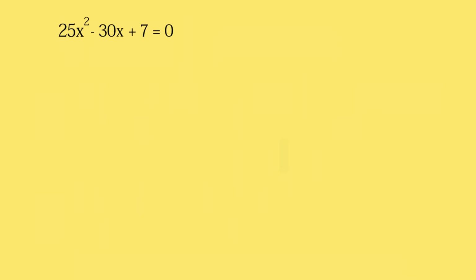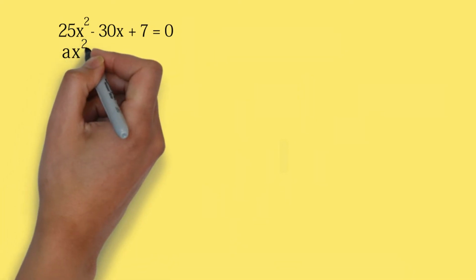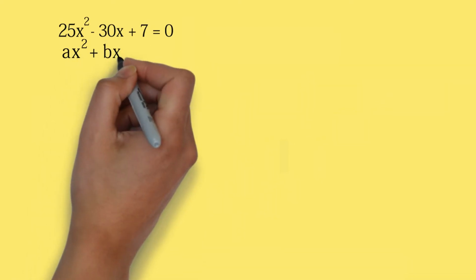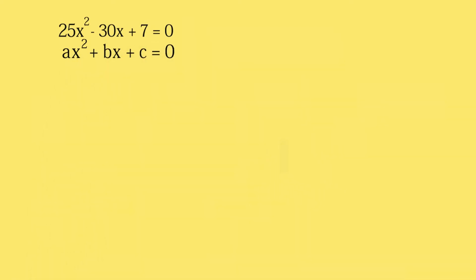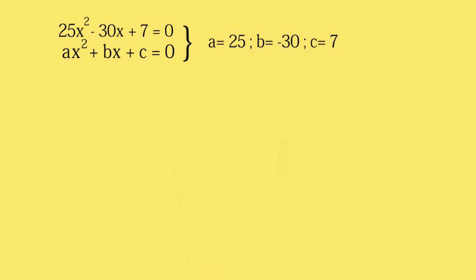Step 1. Simply compare the equation with the general form of quadratic equation, which is ax squared plus bx plus c equals 0. If we compare these two equations, we will get the value of a, b, and c like this. Remember friends, always compare them including the signs. Step 2.